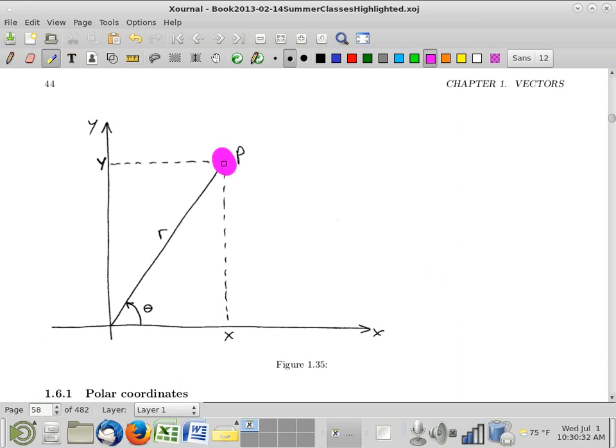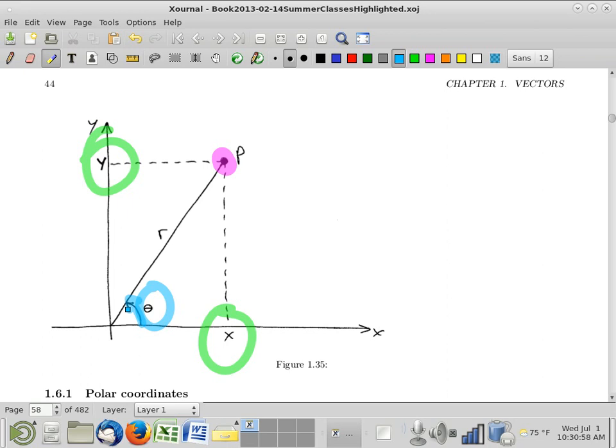Given a point, sure, I could describe its location by its x and y coordinates, right? Absolutely. But I could also describe it by first telling you what this angle is. How far would you need to rotate counterclockwise from the positive part of the x-axis? Describe the direction.